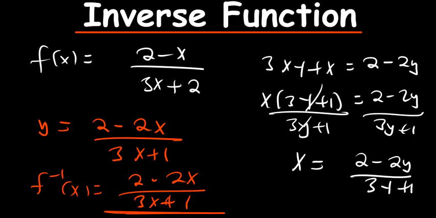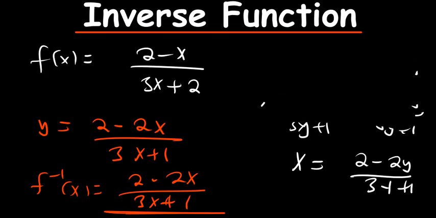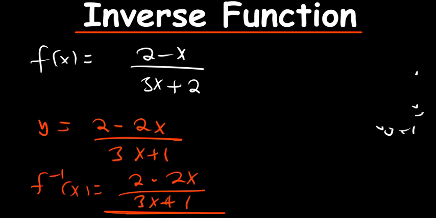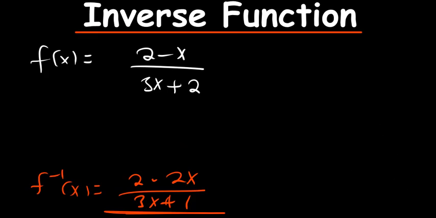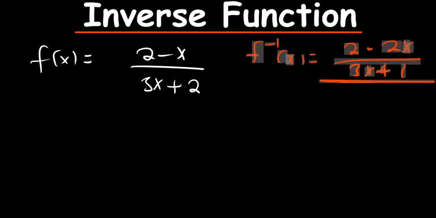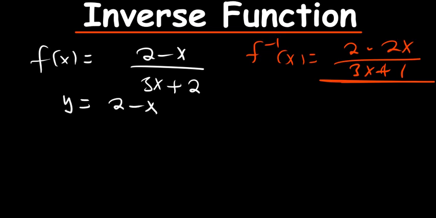Okay, another way you can do this, if maybe you have challenges interchanging them afterwards: the way this function is, we know that y is equal to 2 minus x divided by 3x plus 2.